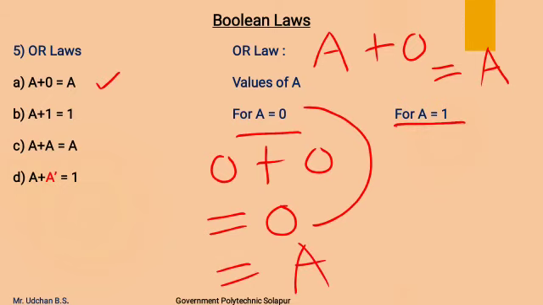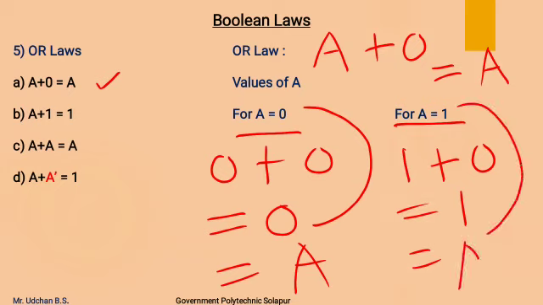For a equal to 1, 1 ORed with 0 will give you 1, which is nothing but the value of a which we have considered. So irrespective of the value of a, we will get output as a for a plus 0.